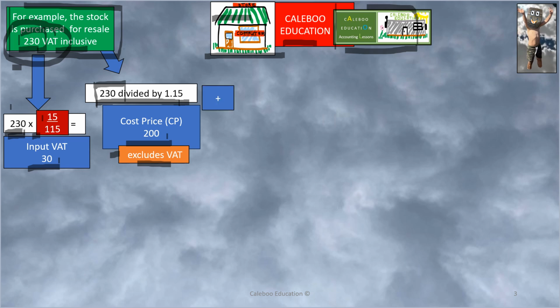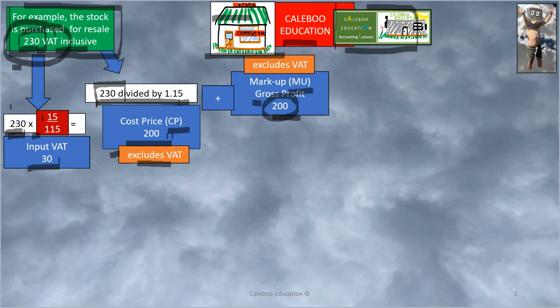Then, remember we're going to business to make a profit, so we're going to add a markup or a gross profit. Markup or gross profit, same thing. So the cost is 200, and just in this example I'm going to add another 200, the markup. So cost price plus markup, and I've decided just to make this markup as an example 200.